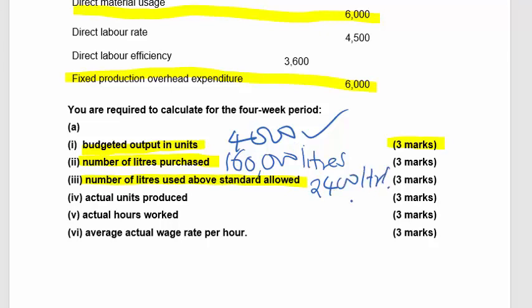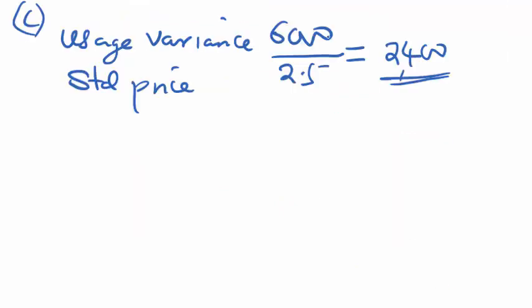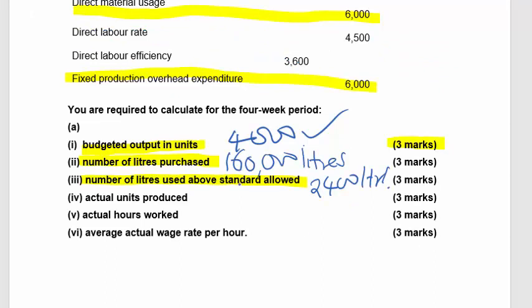What's the reasoning behind this? We're trying to find the number of liters above standard allowed, and this is explained by the variance.